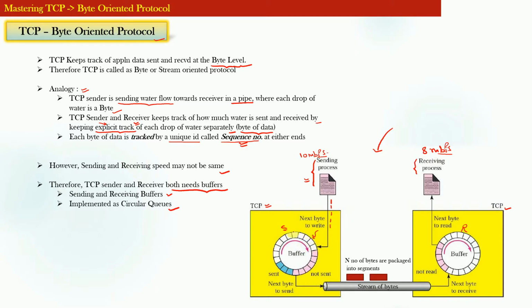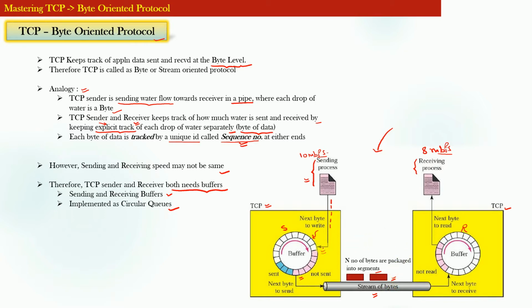Now note that this sending buffer is a circular buffer. That is, on one side, the TCP protocol will write the data coming from the sending process into this circular buffer, and from the other side, the TCP protocol will dequeue the bytes written in this circular buffer and package those bytes into small packets called segments and ship those segments to the underlying IP layer, which in turn takes the responsibility to ship these segments as packets onto the network.